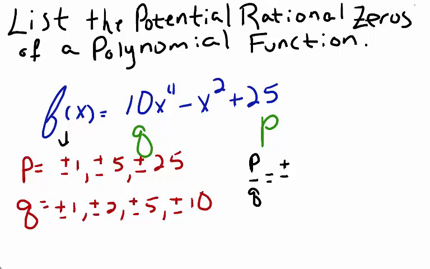We have plus or minus 1 over 2, plus or minus 1 over 5, and plus or minus 1 over 10.